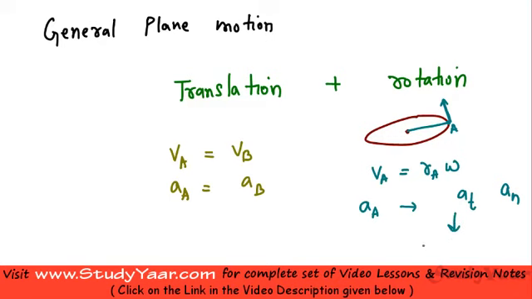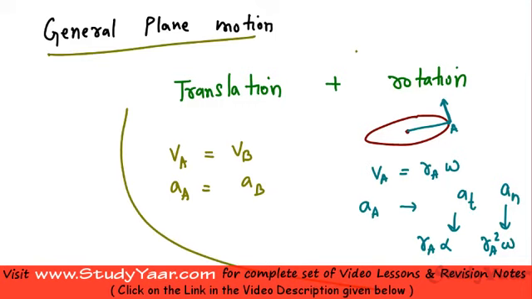The tangential part is given by Ra into alpha, where alpha is the angular acceleration, and the normal part is given by Ra into omega squared. We are going to use this concept to analyze general plane motion because it is a combination of translation and rotation.